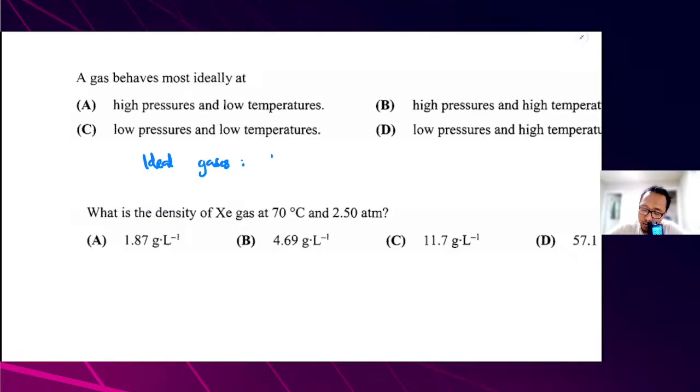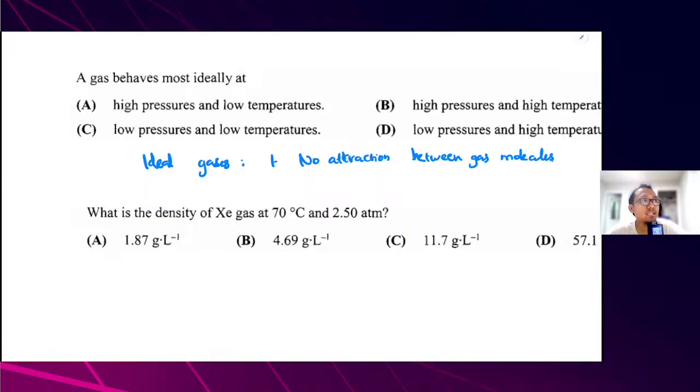The first one is no attraction between gas molecules. Please remember the behavior of an ideal gas.